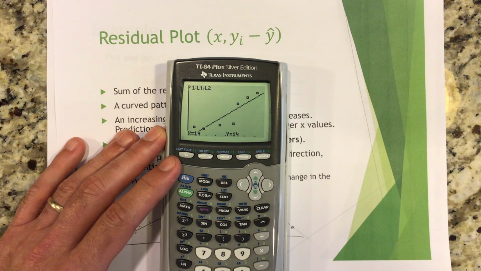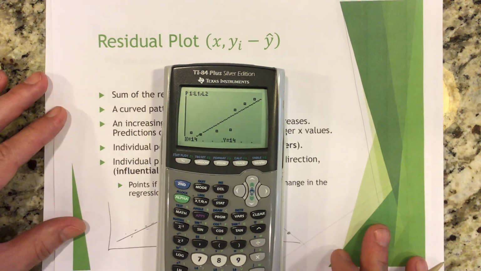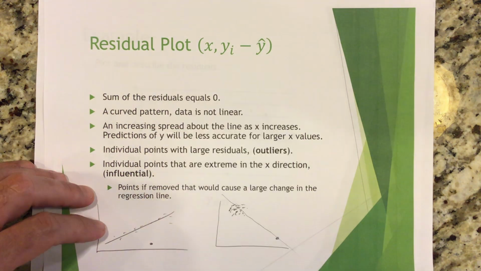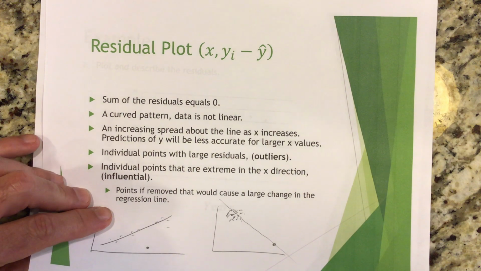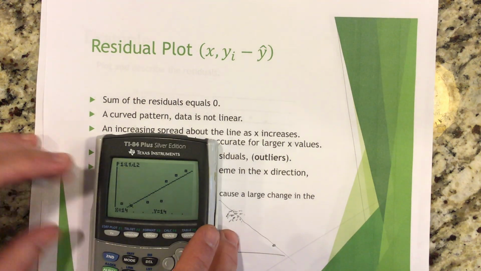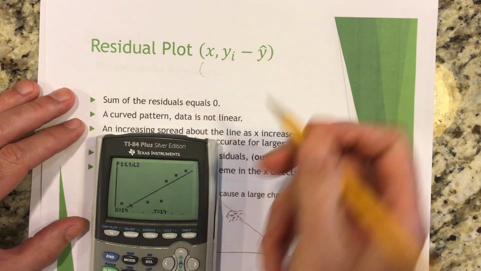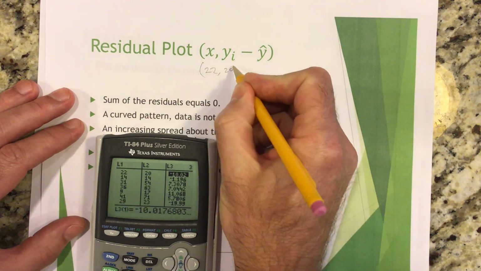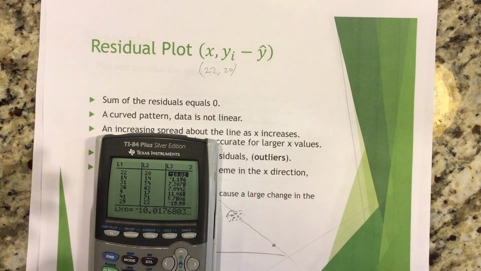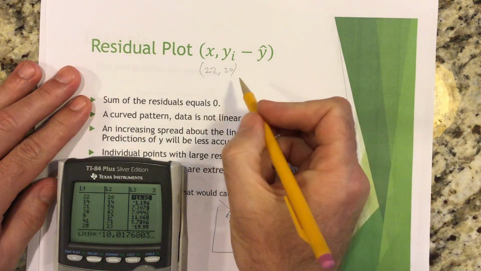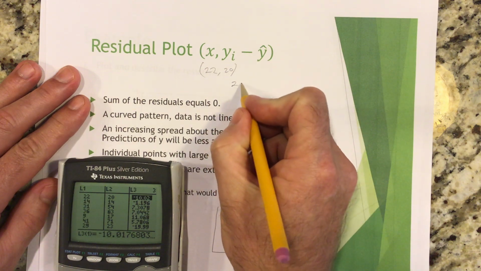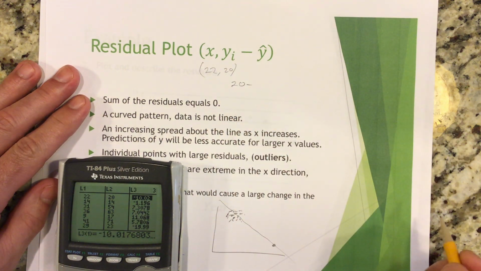You could, of course, do it by hand. And on the test, I might ask you, hey, calculate this one by hand so I can see you do that. So let's do that, how about on, again, that first point. Okay, so my first point was (22, 20). Let's calculate by hand the residual or error. So the observed y is 20. Now I have to subtract the predicted y.